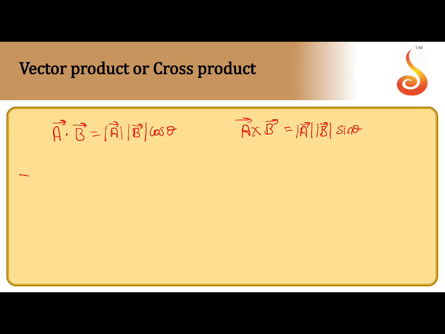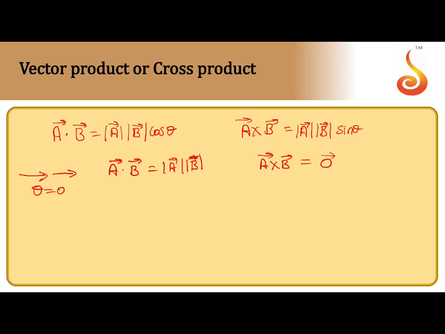Suppose the two vectors are in the same direction, theta equal to 0, then A dot B is equal to mod of A into mod of B. Whereas your cross product A cross B will be equal to null vector or 0 vector because sine 0 is equal to 0.